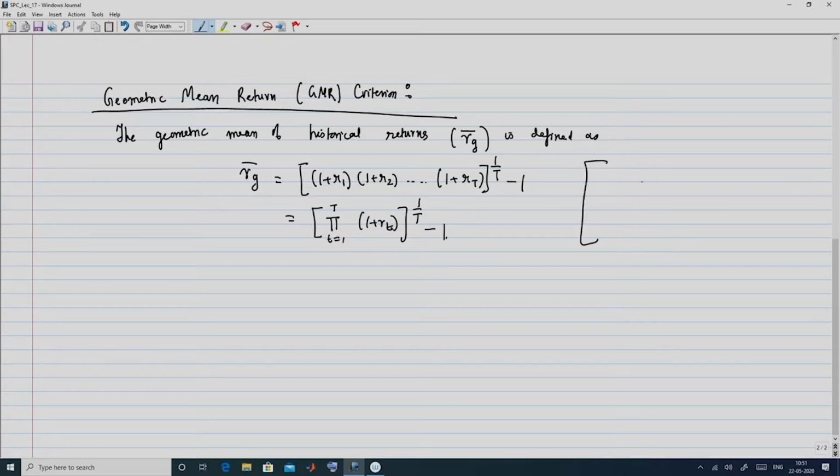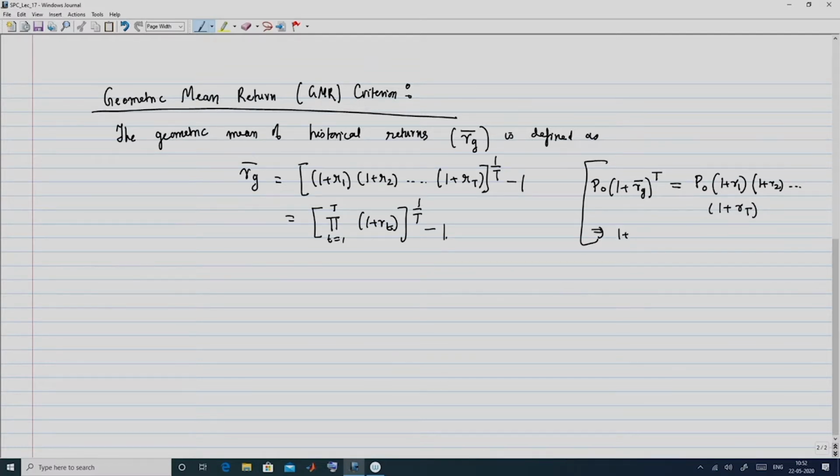This comes from the fact that if you start off with an amount of say P naught, and then at the end of time period 1 it goes up by a factor of 1 plus R1, then 1 plus R2. So, at the end of time period T, I will have the product all the way to 1 plus RT, and this will be equal to P naught into (1 plus RG bar) raised to T for T time periods.